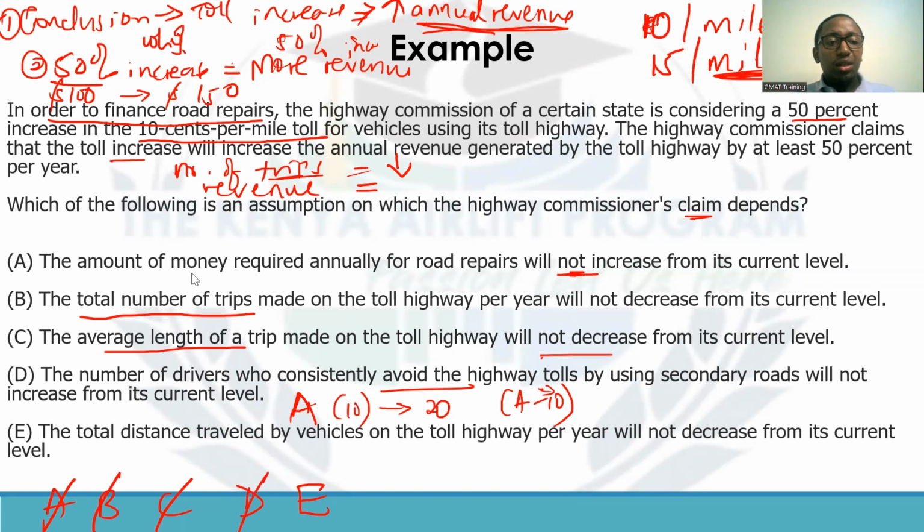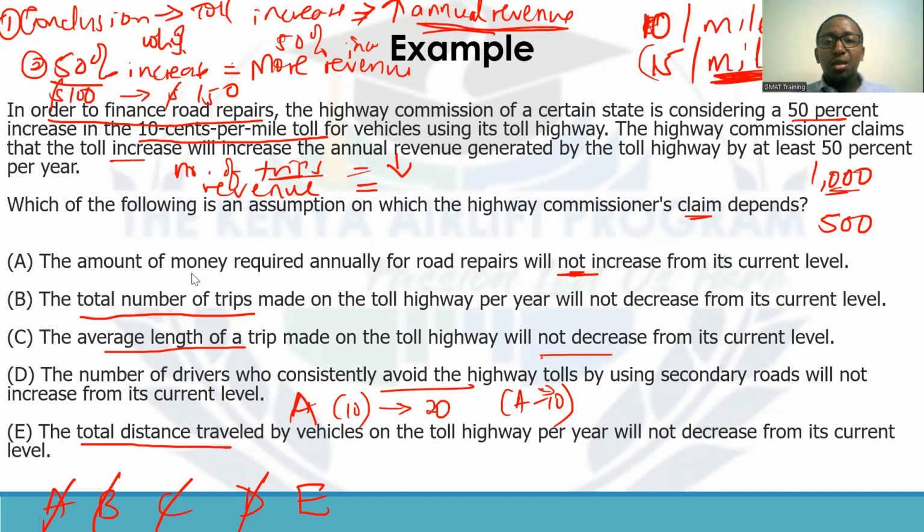So it's out. Then E, the total distance traveled by vehicles on the toll highway per year will not decrease from its current level. So we have total distance, and remember that the annual revenue depends on this distance. If the total distance traveled actually decreases, say you have 1,000 miles being traveled, and then this becomes, say, 500, even if you enact this increase, the revenue won't get back to where it was.